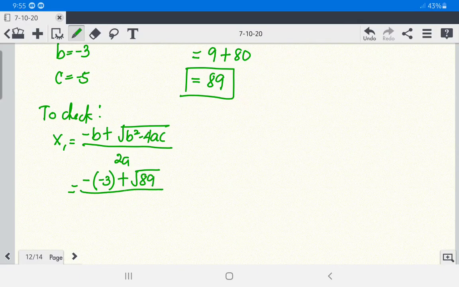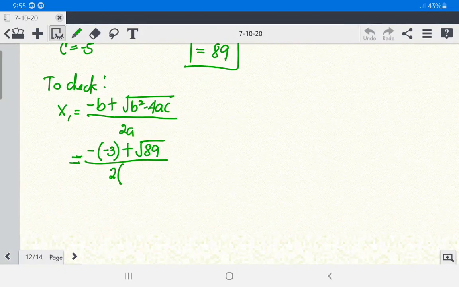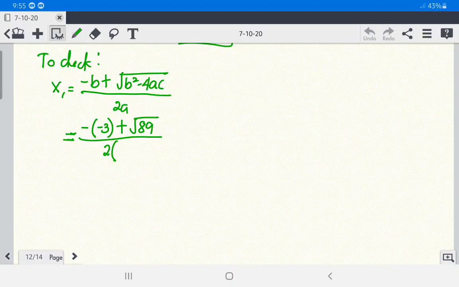Then over 2 times value of a is 4. Okay? Value of a is 4. Then we have negative 1 times negative 3, we have positive 3 plus square root of 89. Over 2 times 4, we have 8. So this is the first root.